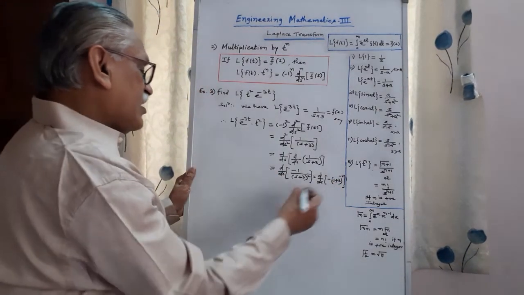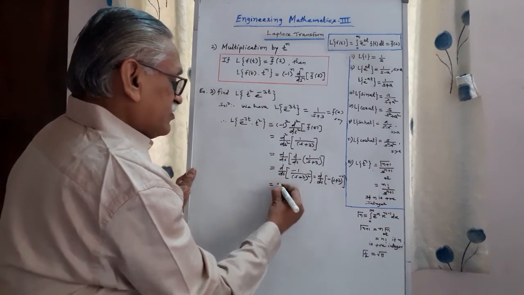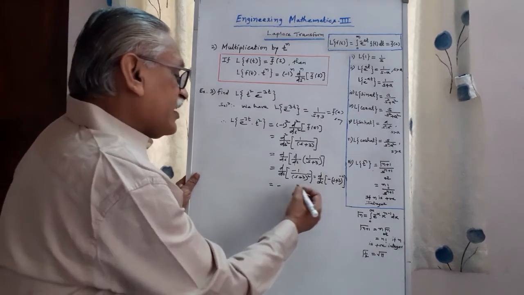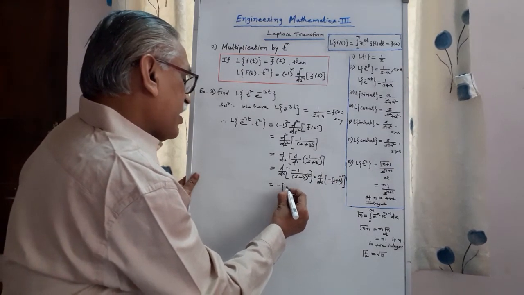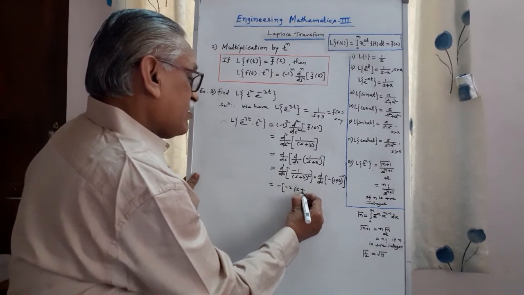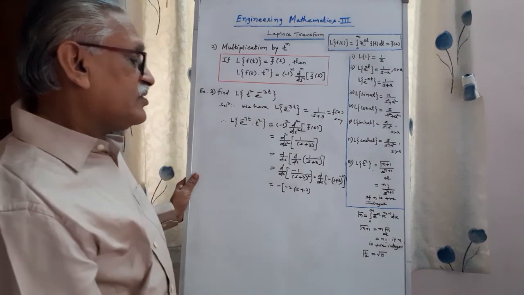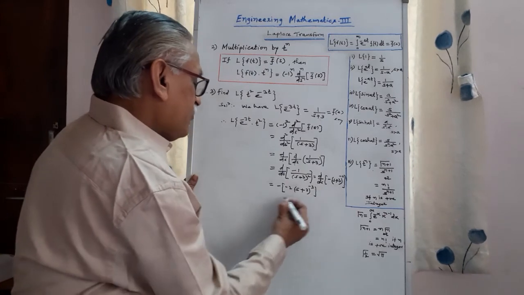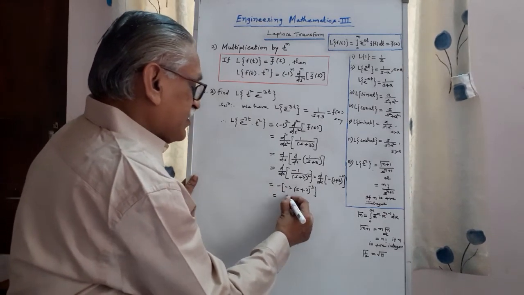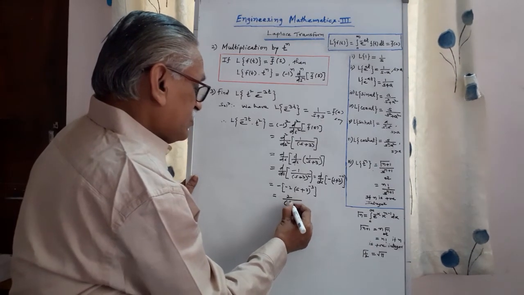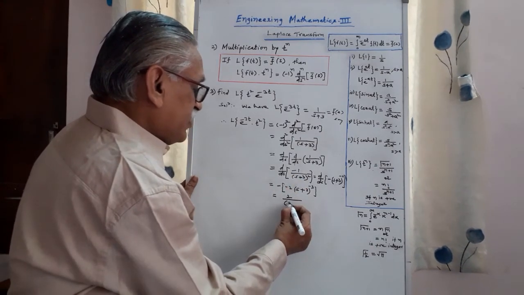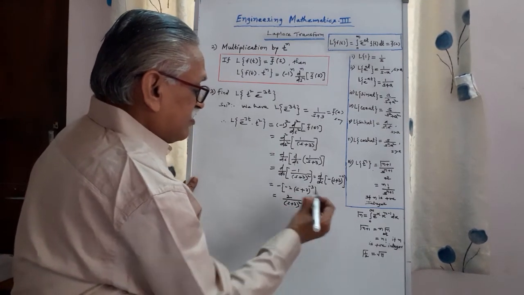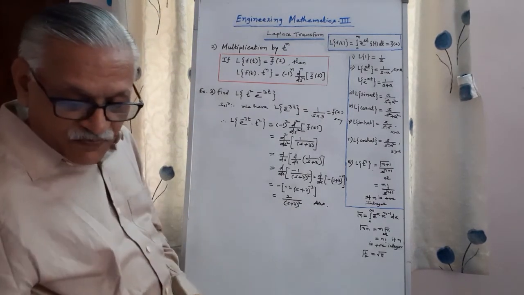Okay, and then using the standard result of derivative, the derivative of x to the n is n x to the n minus 1. By that standard result, it is minus 2 times s plus 3 raised to minus 2 minus 1, we get minus 3, and therefore if we simplify it, this minus minus becomes plus 2 upon, transferring this to the denominator, s plus 3 whole square. That is the answer of the required Laplace transform.